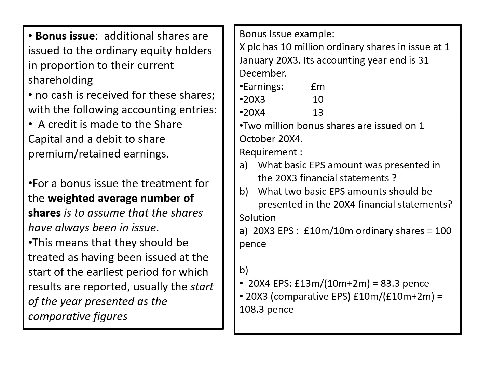Because where bonus issues have been made, they are assumed to have been issued at the start of the earliest period. So here the earliest period is the beginning of 1st of January 20X4, and that gives us a figure of 83.3.